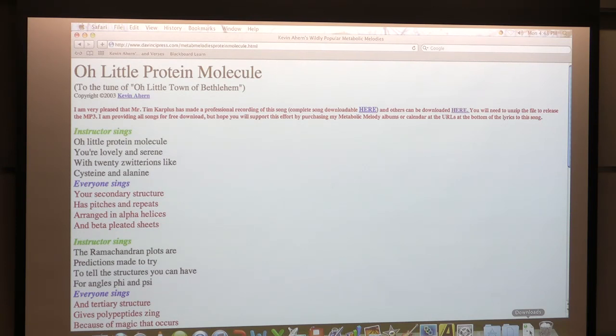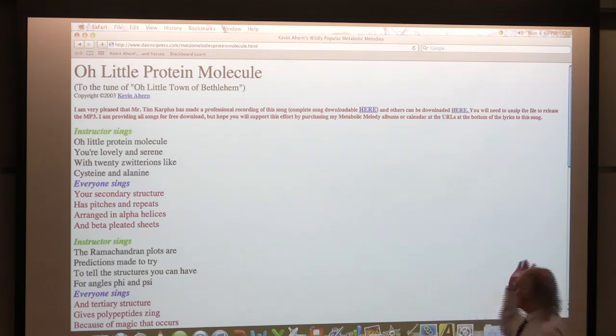This one is to the tune of "Oh Little Town of Bethlehem." And it says the instructor sing, but please, everybody sing it with me, okay? Oh, little protein molecule, you're lovely and serene, with 20 zwitter ions like cysteine and alanine. Your secondary structure has pitches and repeats.